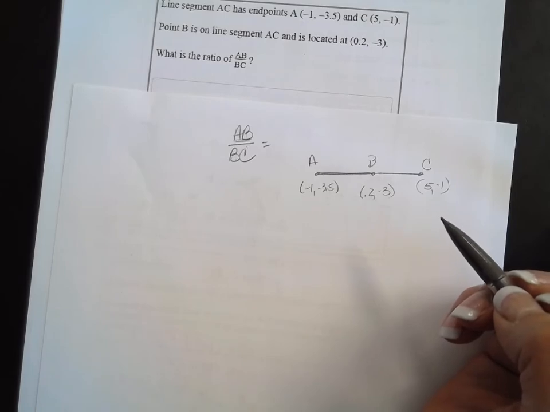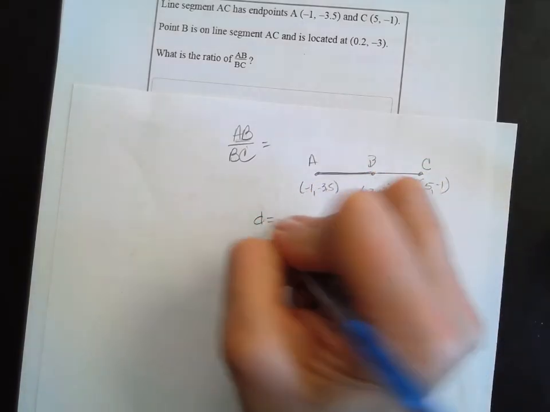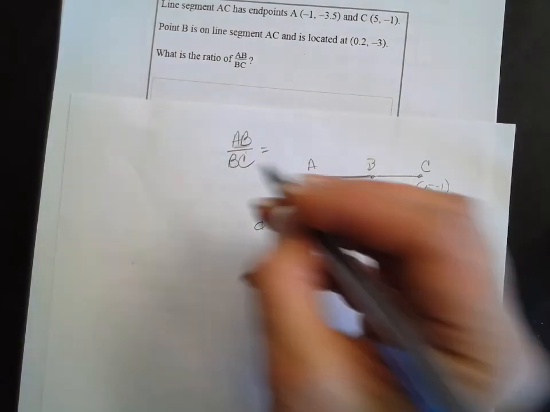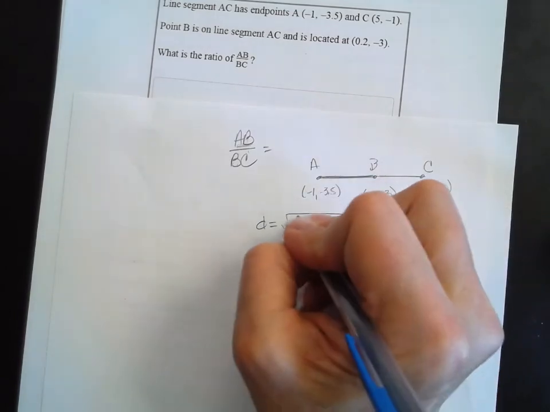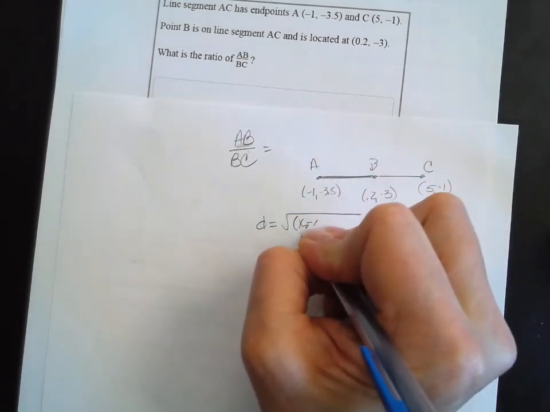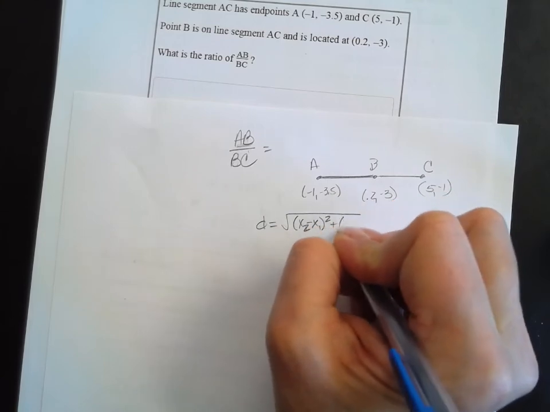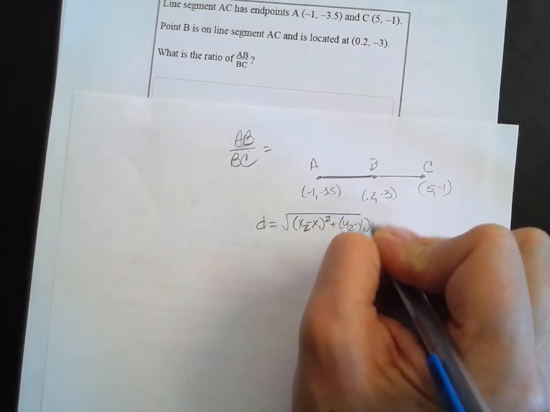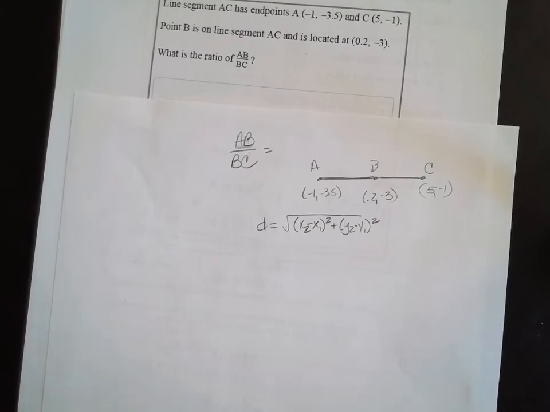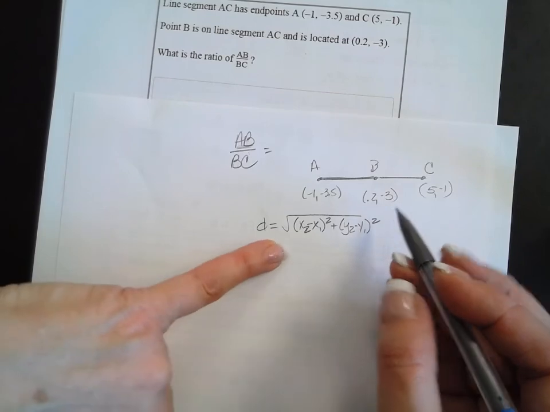Anybody remember? What's your distance formula? Remember this? x2 minus x1 squared plus my y2 minus y1 squared. Is that on your reference sheet? No. It's not? Okay. That's your distance formula.